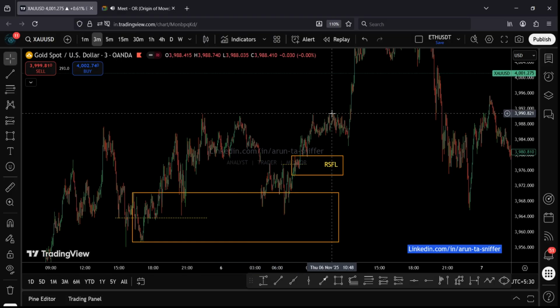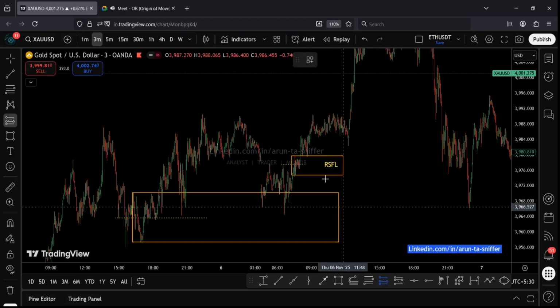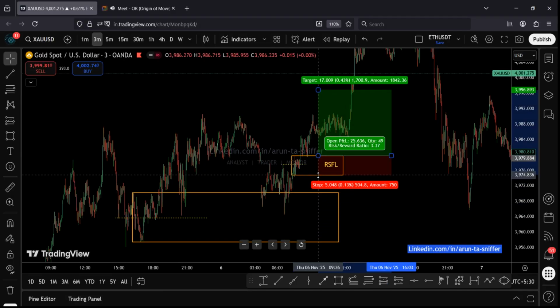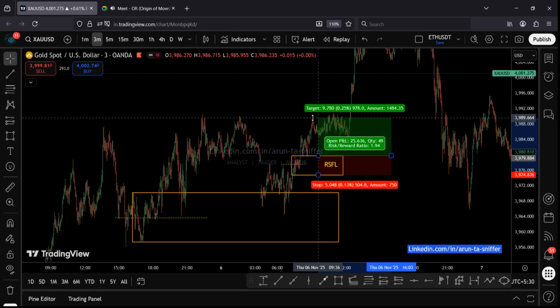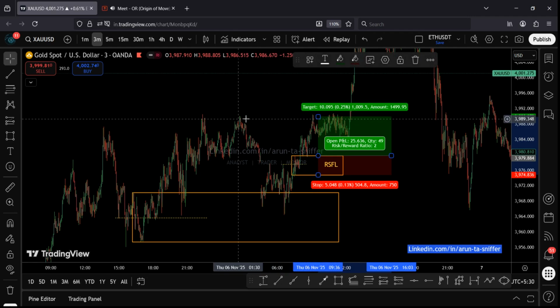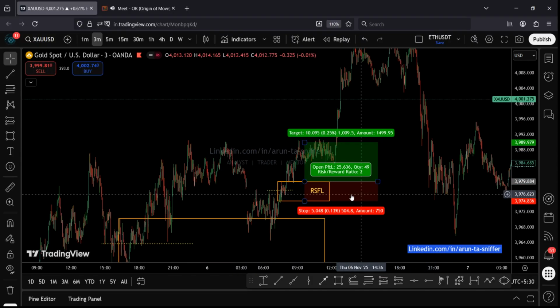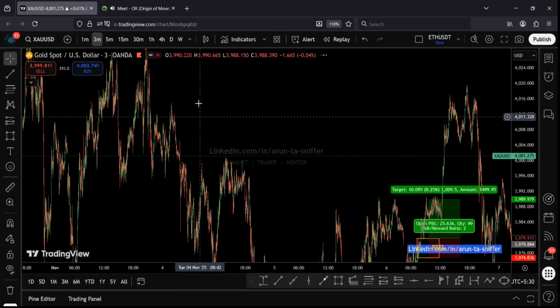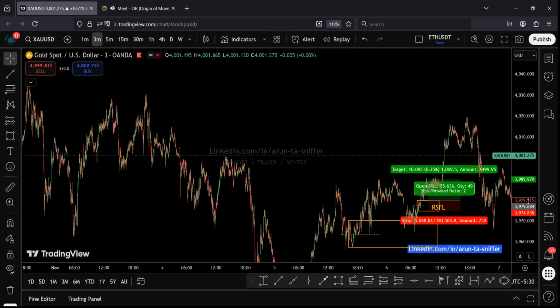Covering your stop loss means you take half of the profit at 1:2. Somewhere 1:2. Yes, we reached 1:2 here. Take half of the profit here and then let it run to upside if we have space here, like this.